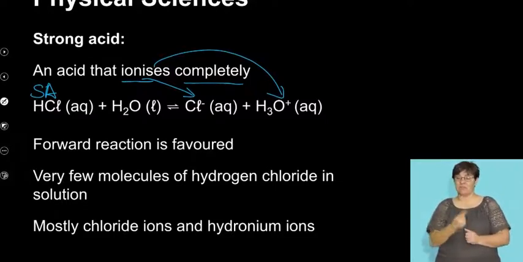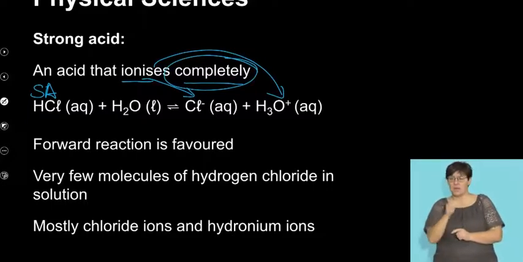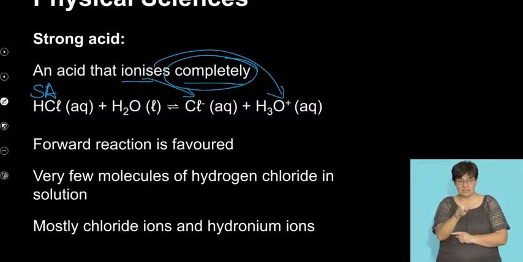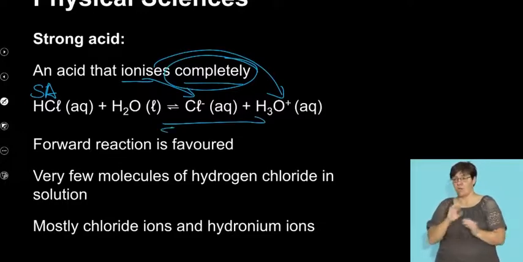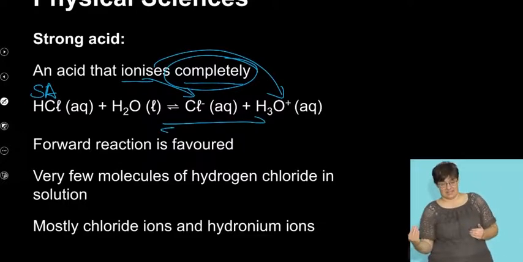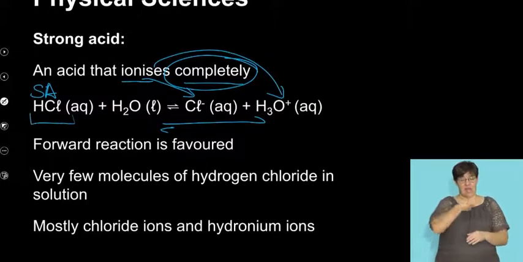So when we say it completely ionizes, it basically means that the forward reaction is favored. So our equilibrium actually lies more to the right. So at any point, our hydrochloric acid will not be in molecular form. Hydrochloric acid will rather be in an ionic form.